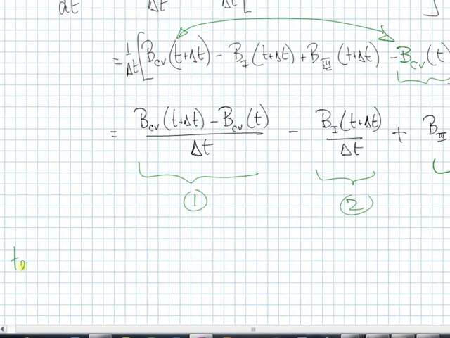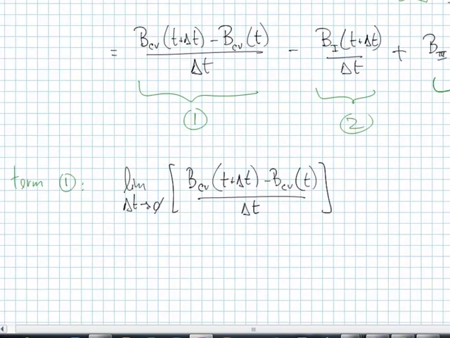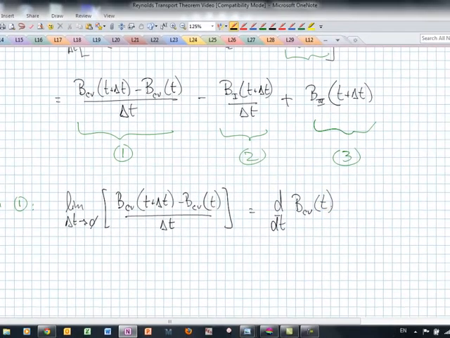So term 1, in the limit as delta t approaches 0, is of course the derivative of B in the control volume, and that's really the term that we were saying before is not equal by itself to the rate of change of B in the system as a function of time.